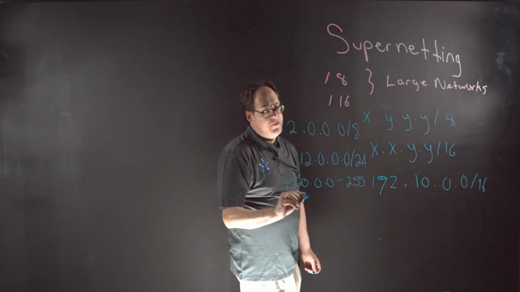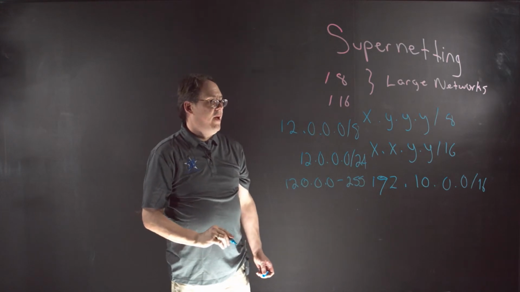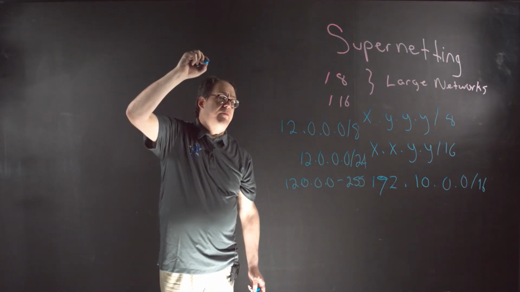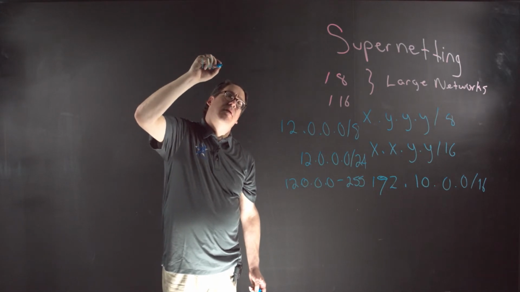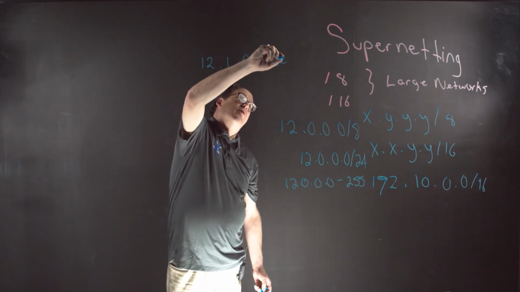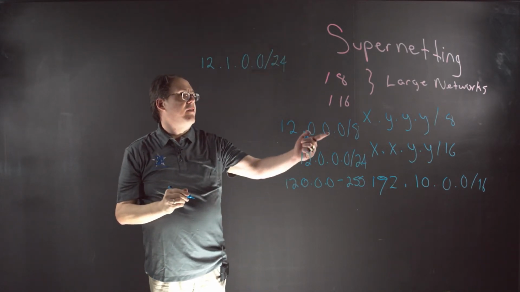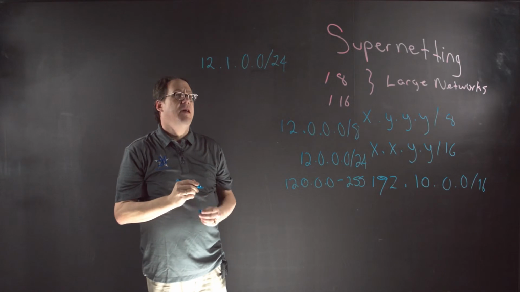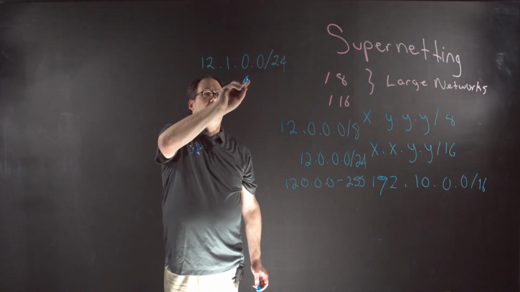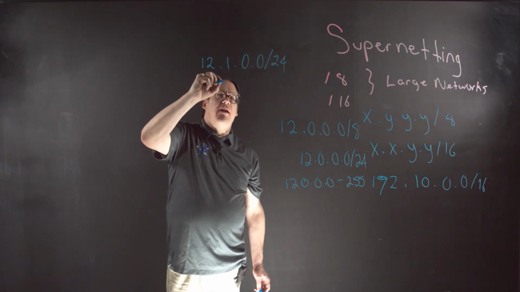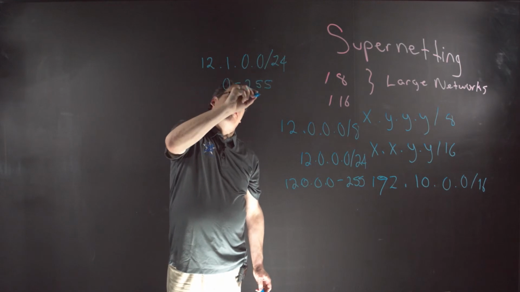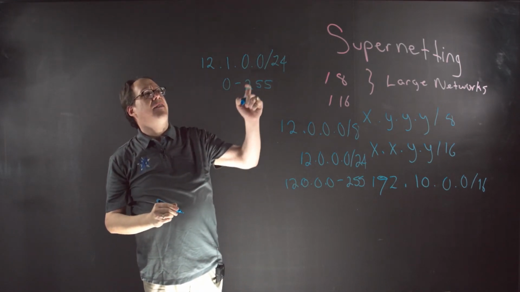If I wanted to make a network, for example, 12.1.0.0/24, that still falls under the /8 supernet, and it gives me the ability to recognize that this is a network boundary, and the possible hosts inside that are the completions of this last octet of the IP address.